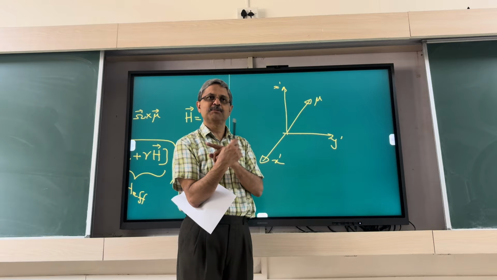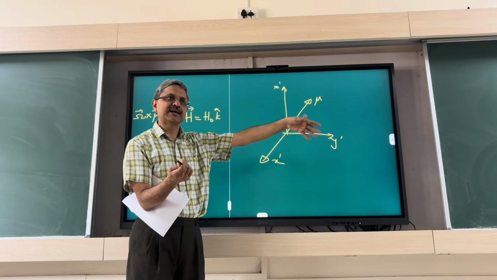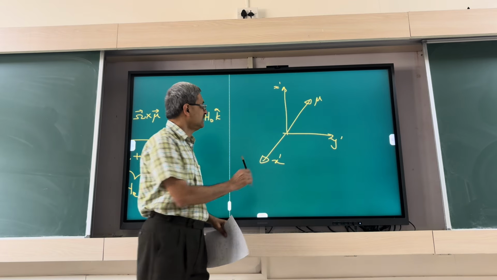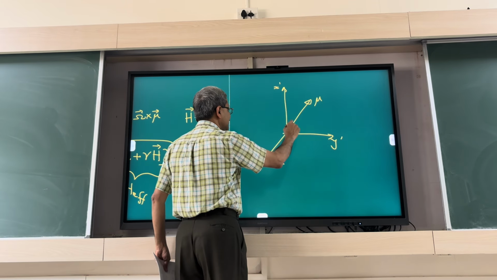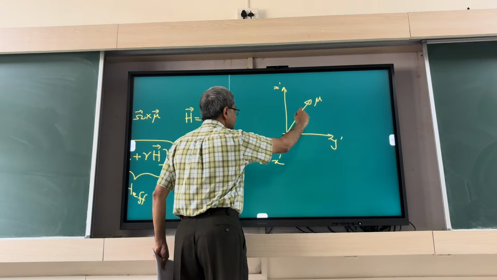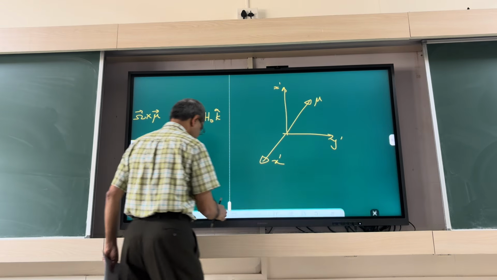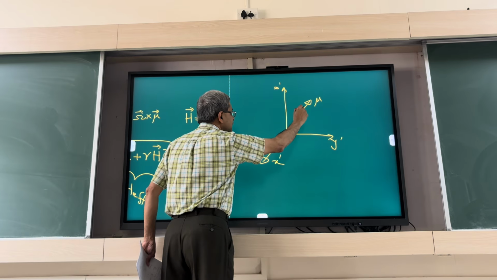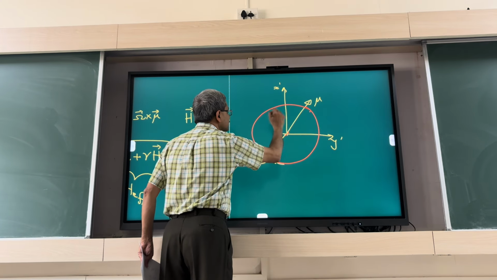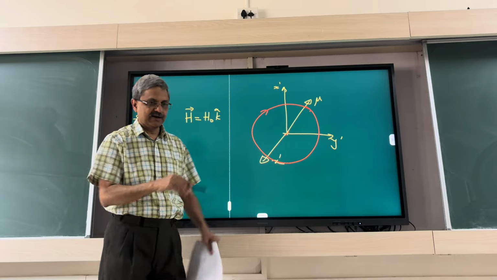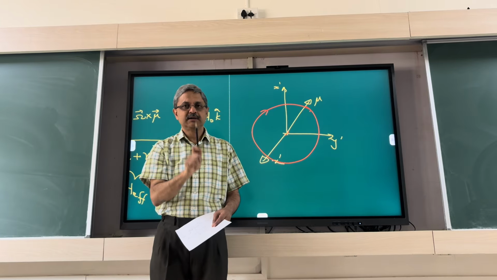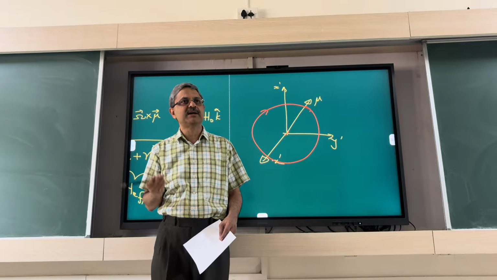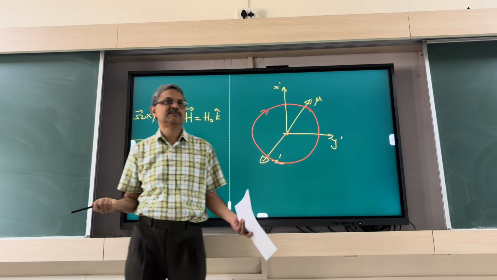It's a precession about that field. The DC field effect has been cancelled by going to the rotating frame. I'm at resonance frequency, let's say. So about the x prime axis, this will go like this. I have my x prime axis this way, my y prime z prime plane is where the moment is, and it will just precess about that.